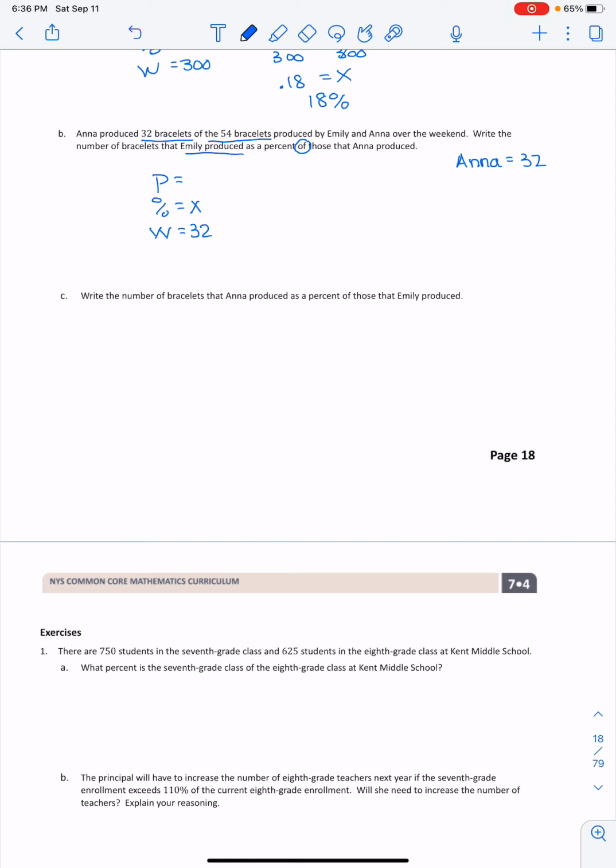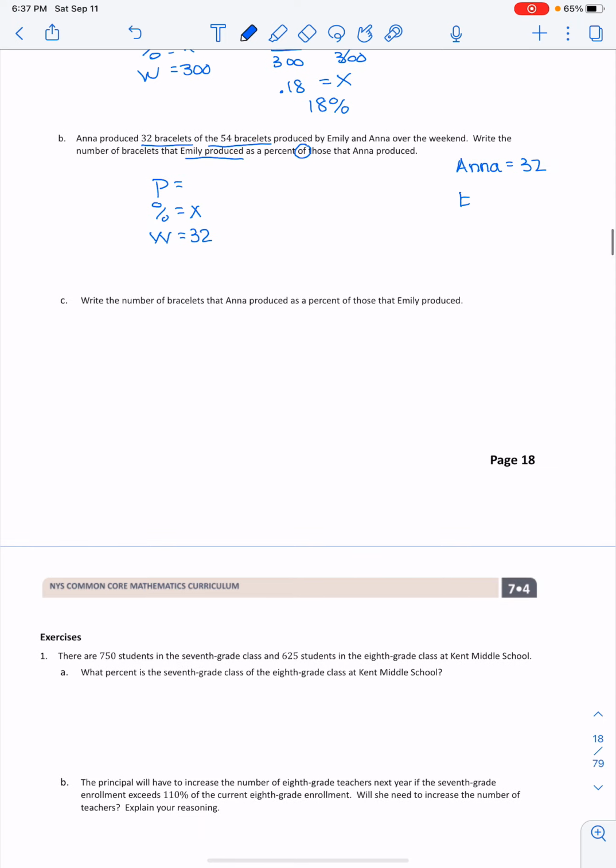Well, we got to know how many Emily produced. So to figure that out, we know Anna produced 32. Emily had to produce the 54 minus 32. So that's going to equal 22.